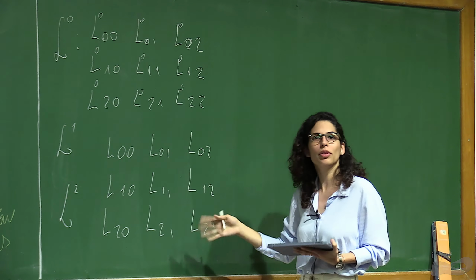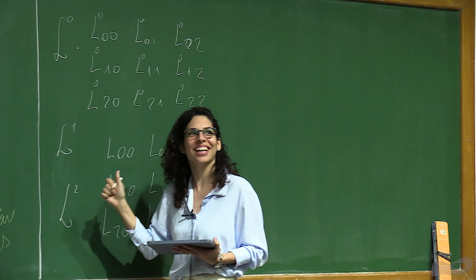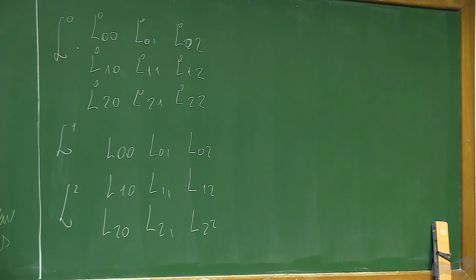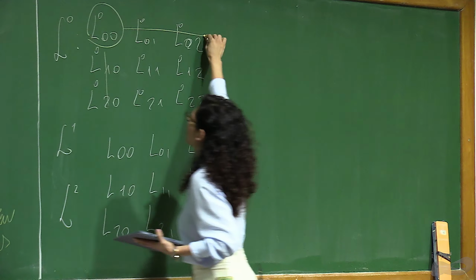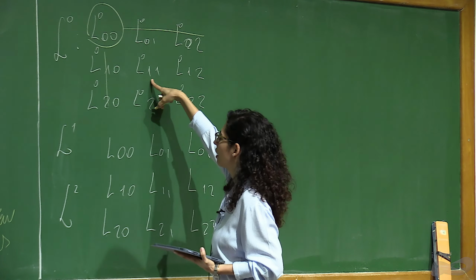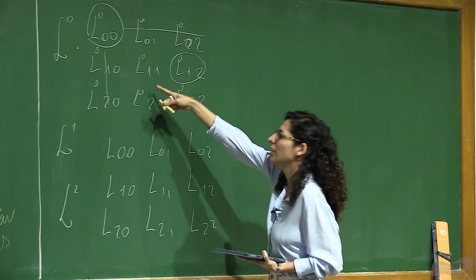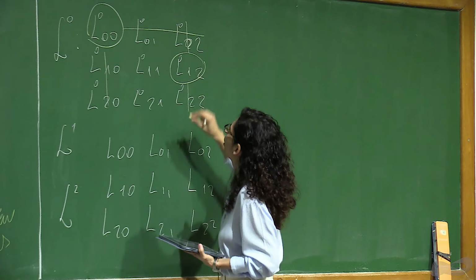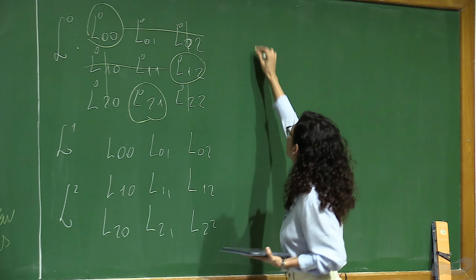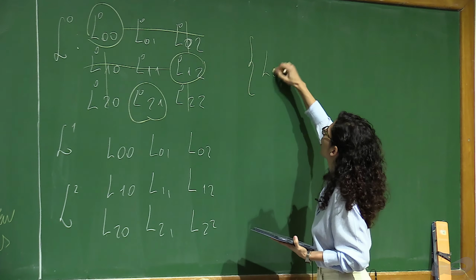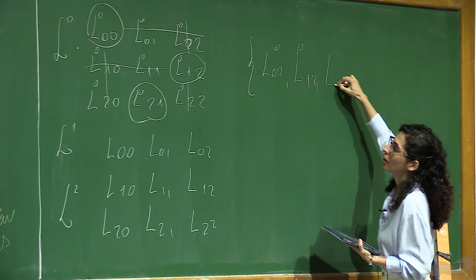And the second one, I will wait to see which sets I will eliminate, okay? So let's imagine that we start here, but instead of choosing this, we choose this one, okay? So here it's simpler, we just eliminate columns and lines, and we should get these three: L00, L12, L21.